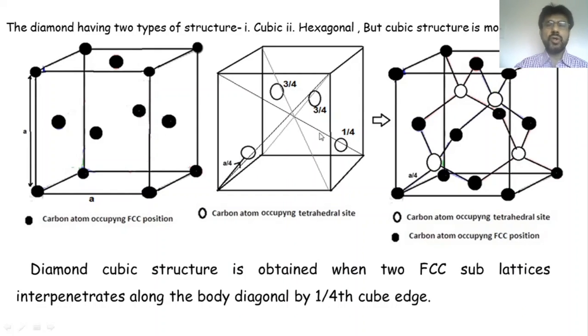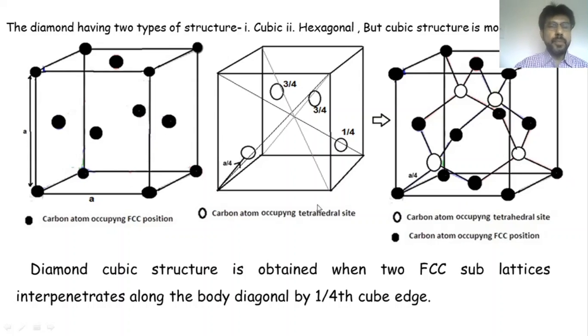So now in this unit cell we can see that these two atoms are at 1/4 distance of the edge of the unit cell from these two corners, and these two atoms are at 3/4 distance from these two corners of the unit cell.